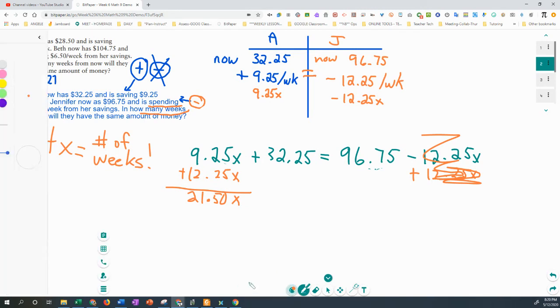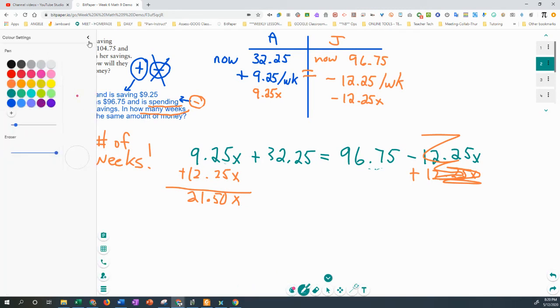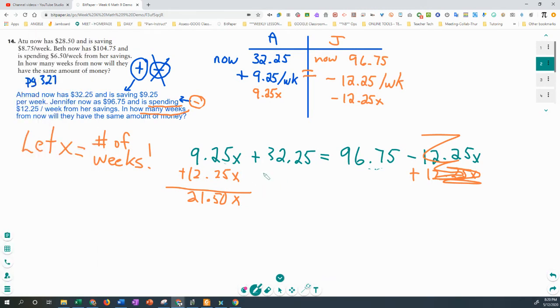Now, while we're getting all of our x's to one side, let's get all our fixed constants, the numbers that are by themselves, over to the other side. If I bring the x's over here, that means automatically I must be subtracting the 32.25. Whatever I do to one side, I do to the other. And what are we left with here?